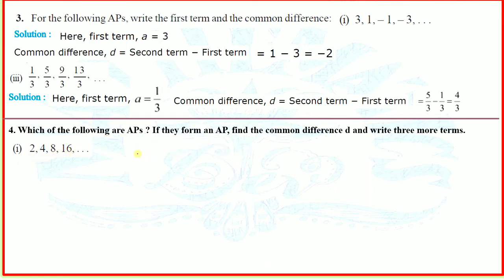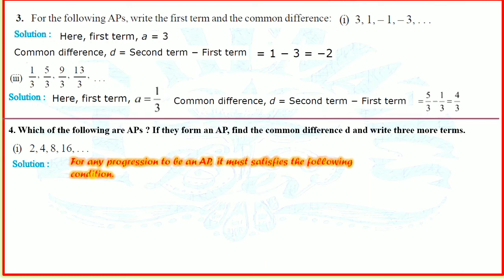Before that, let me throw some light on this. For any progression to be an AP, it must satisfy the following condition. What is the condition? As I told you, the third term minus the second term must be equal to the second term minus the first term, which is called the common difference and is denoted by small letter d.